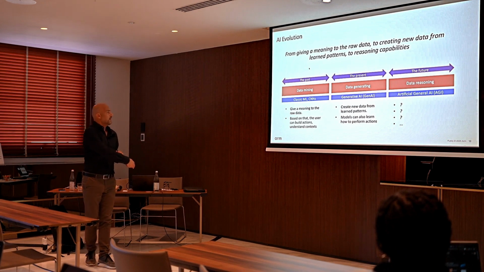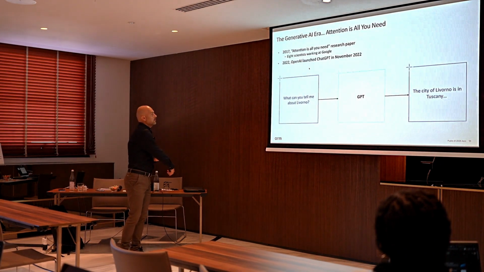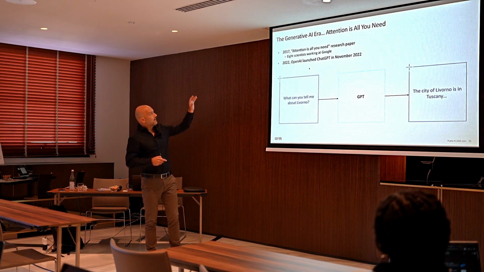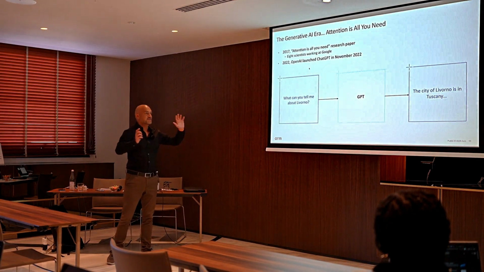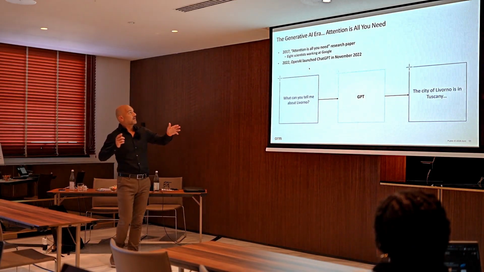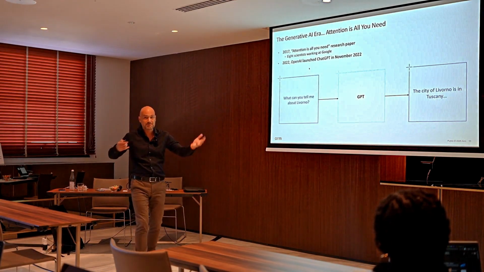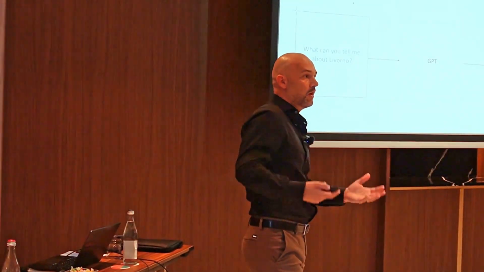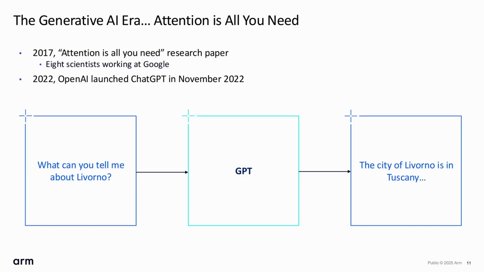So why this slide is crucial, we'll explain a bit, but everything changed roughly in 2017 with the Attention Is All You Need paper. That was when there was a demonstration of what LLMs were capable of, generating text. This is just an example. What can you tell me about Livorno?